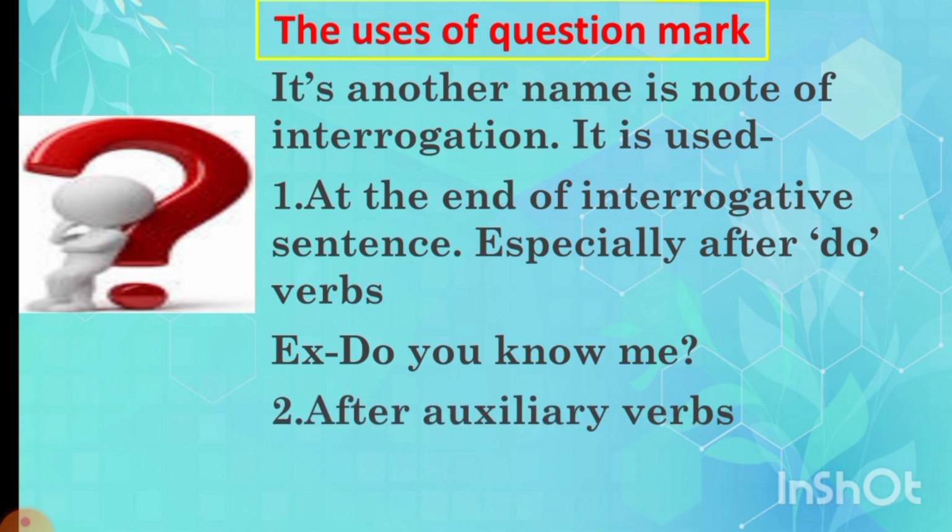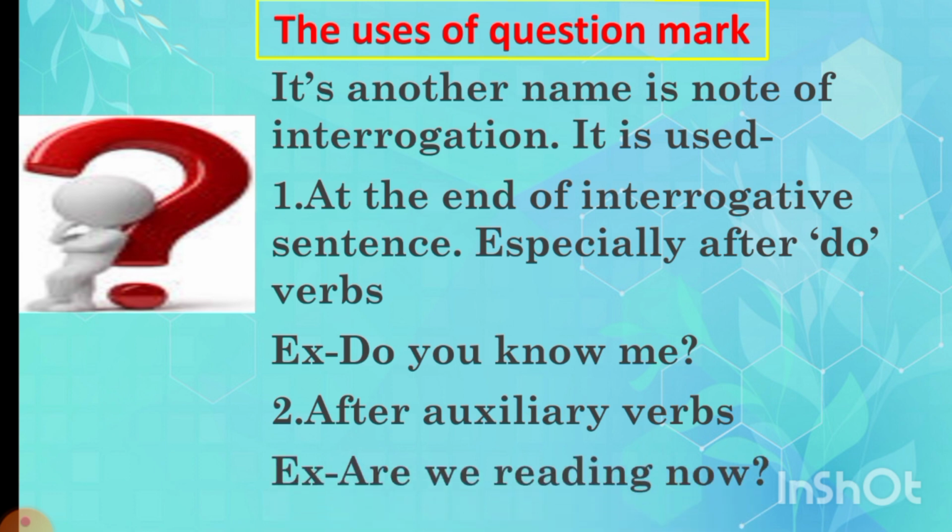Then it is used after auxiliary verbs. So: Are we reading now? With auxiliary verbs, an interrogative sentence may be started. So here are is an auxiliary verb, and then the subject, then as per tense verb 1 plus ing, and at the end you have to put a question mark.